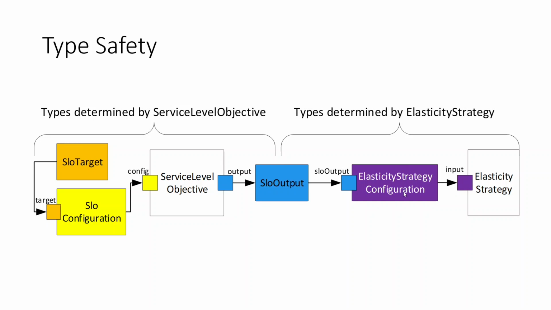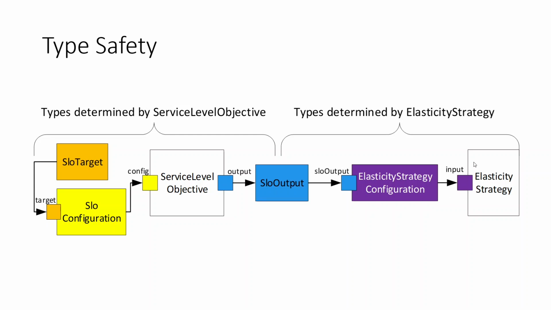And the elasticity strategy configuration expects a certain type of output from the SLO. So as you can see, the blue SLO output establishes the link between the service level objective and the elasticity strategy. So what is an SLO output? For example, a generic SLO output could be a percentage of SLO compliance. How much does my workload currently comply to the SLO?